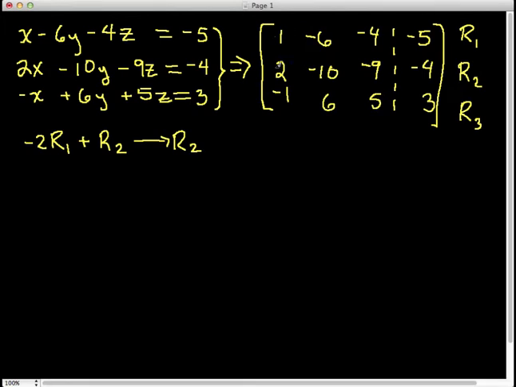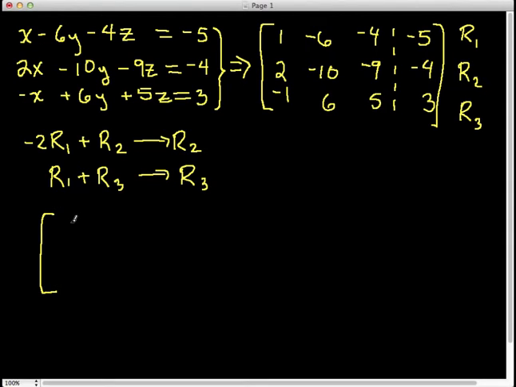And if I do that, whatever's left here will be a 0. We'll see that in a second. I'm also going to do the same trick on the third row, so I'm going to try and get rid of this -1 here and make it a 0. And to do that, I just have to take the first row and add it to the third row to create a new third row. So let's do that and see what we get.